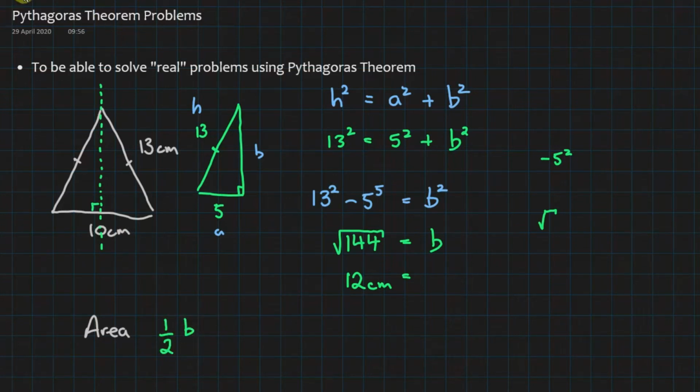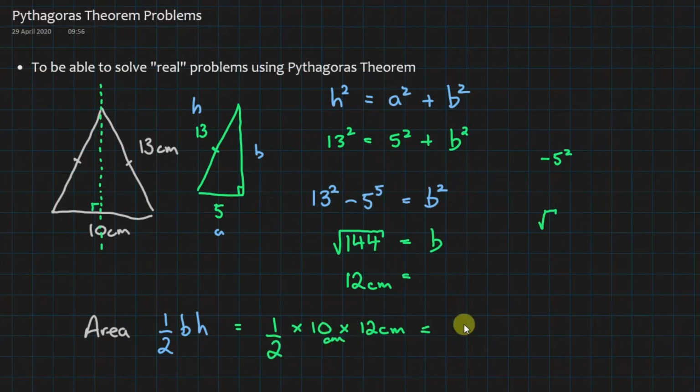In fact, I'll do that in blue because I won't necessarily expect to see the formula. I want to see that the formula is being used properly. Base times height. Base is 10 centimetres, so 1/2 times 10 centimetres times my perpendicular height, which is 12 centimetres.